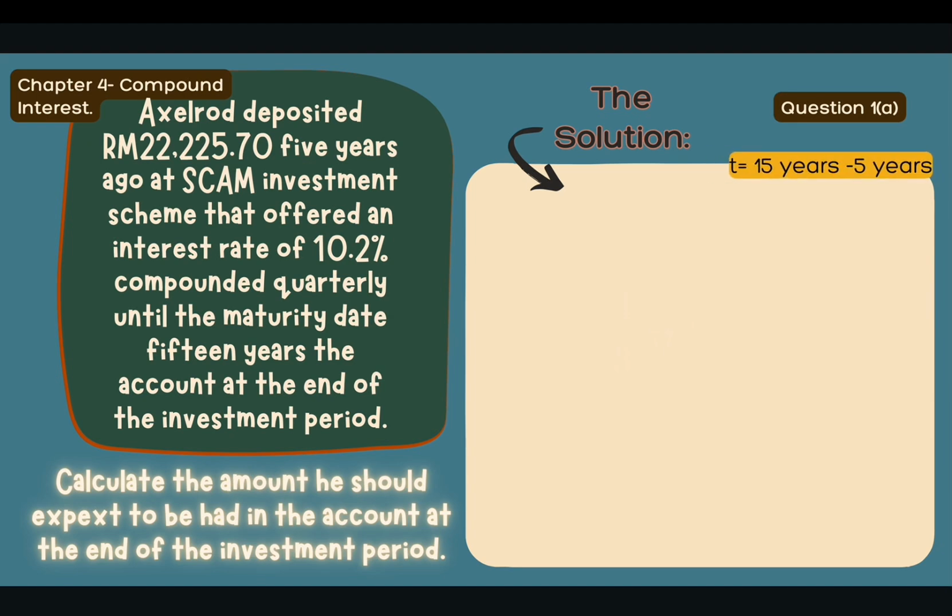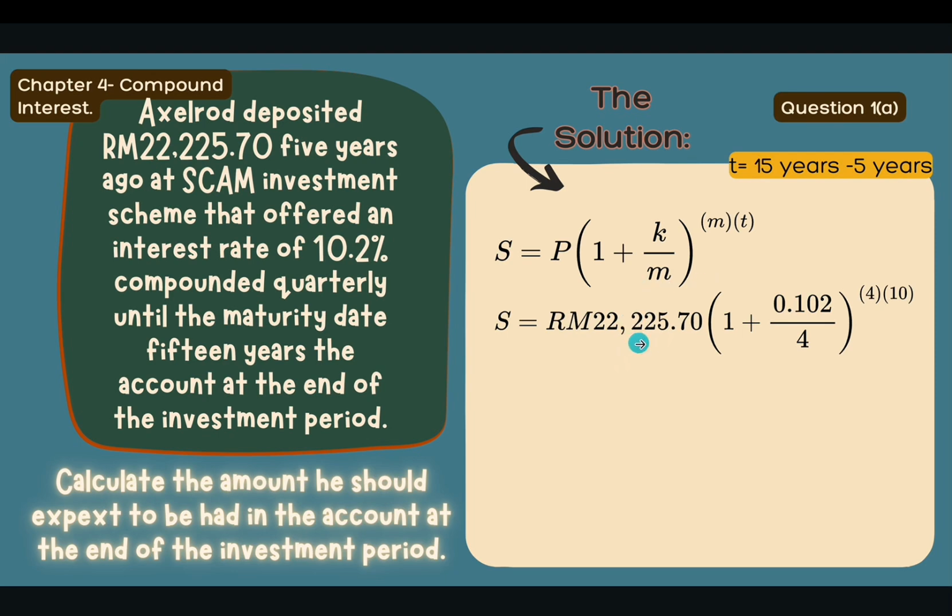We need to use the formula of compound amount as S equals P, which is the principal, times 1 plus K, which is the nominal rate, over M, the number of times interest is calculated, with the power of M times T. S equals 22,225.70, 1 plus 0.102 over 4 to the power of 4 times 10.